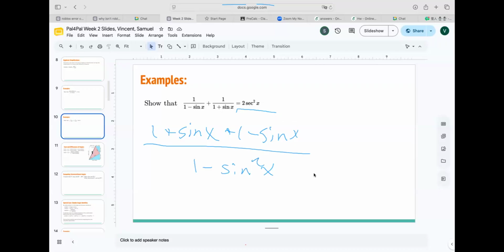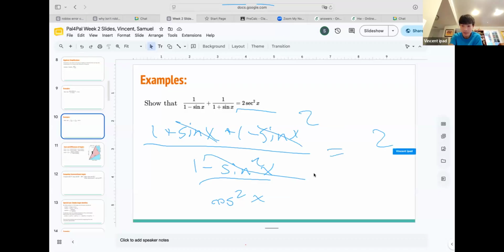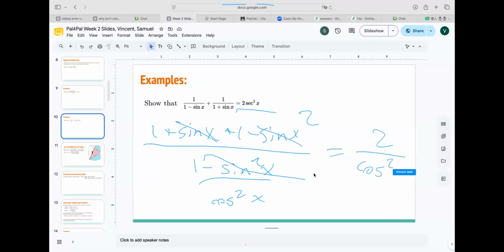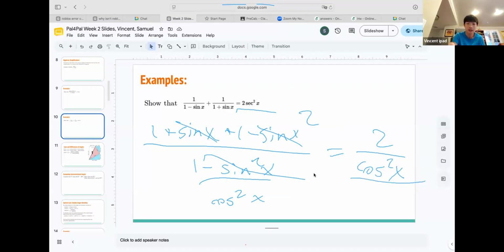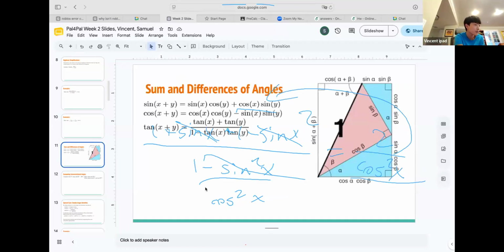So 1 minus sine squared x is equal to cosine squared x, and then the numerator simplifies into 2. And then it's 2 secant squared x by definition. So this is equal to this because secant is the reciprocal of cosine.